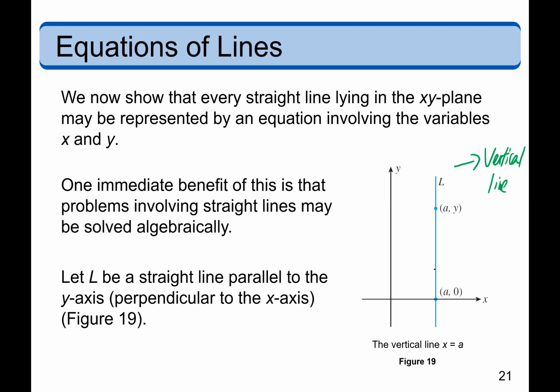So for all vertical lines, the equation is x equals a, whatever that x coordinate is. This is the general equation for all vertical lines, because the x coordinate remains the same no matter which point we look at.